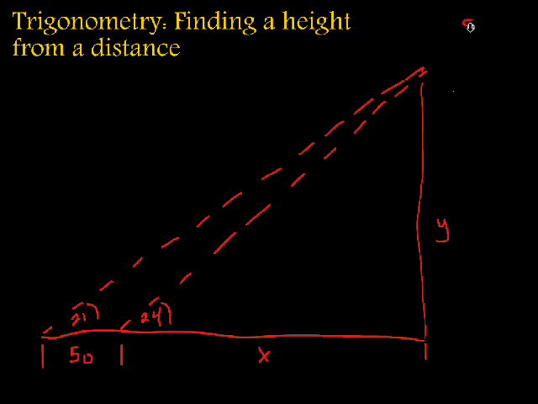From SOHCAHTOA, we can work on the idea that the tangent of 21 degrees is going to be y over, because this is the opposite over the adjacent, y over x plus 50, or 50 plus x.